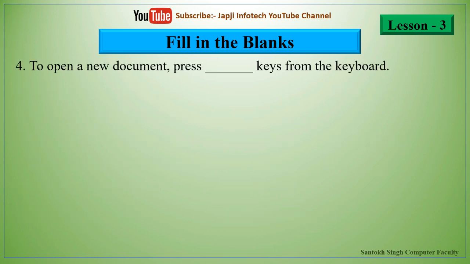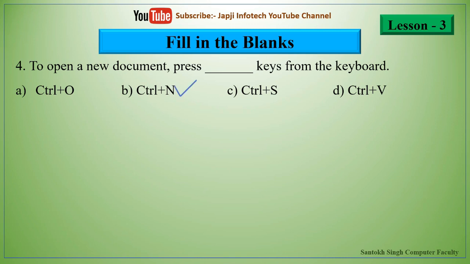Our fourth fill in the blank is: to open a new document, press dash key from the keyboard. The options are Control plus O, Control plus N, Control plus S, and the last one is Control plus V. So the right answer is: to open a new document, press the Control plus N keys from the keyboard.